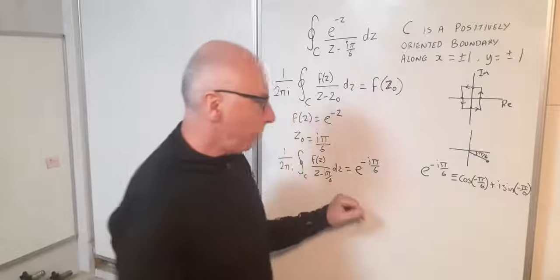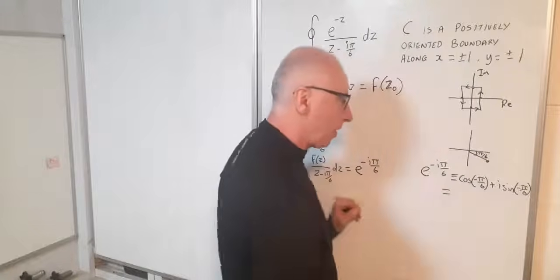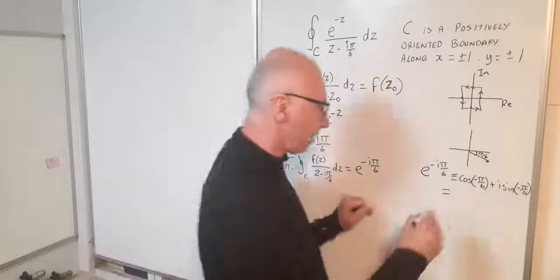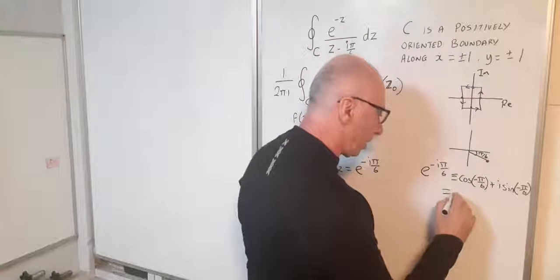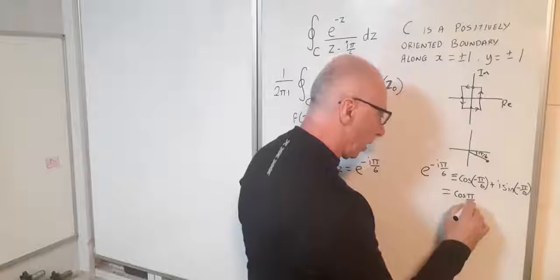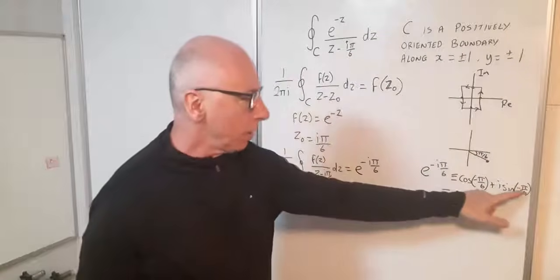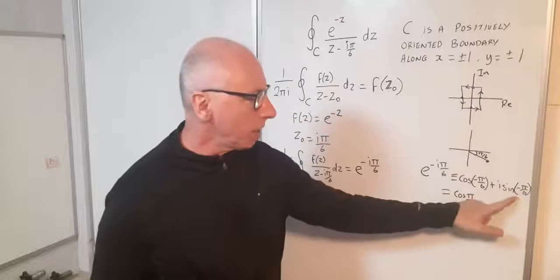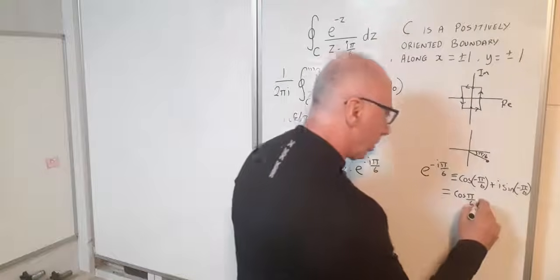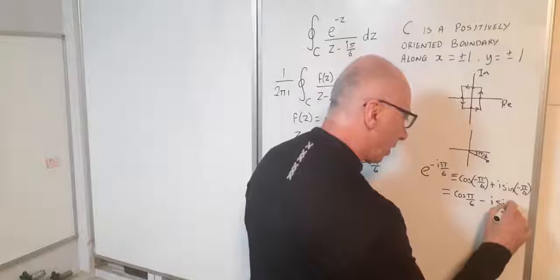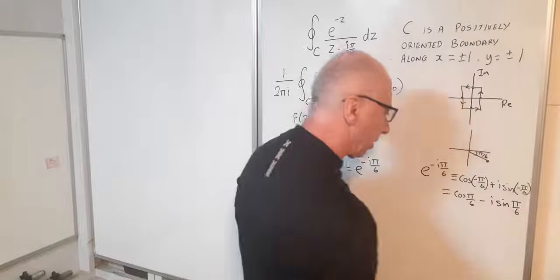Let's simplify that a little bit. That becomes cosine of pi over 6, because we can ignore the minus sign, and here we can bring the minus sign out and leave sine of pi over 6 inside. So minus i sine pi over 6.